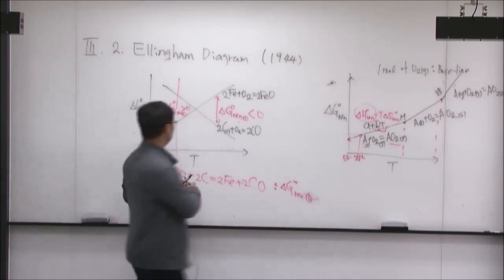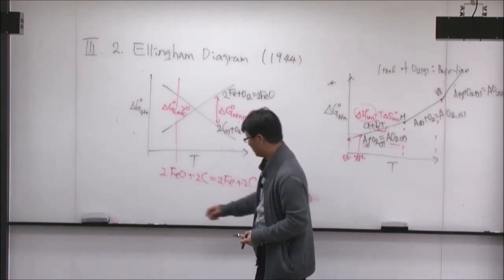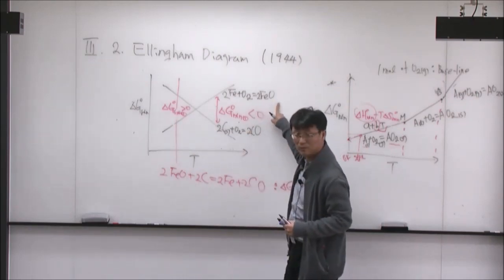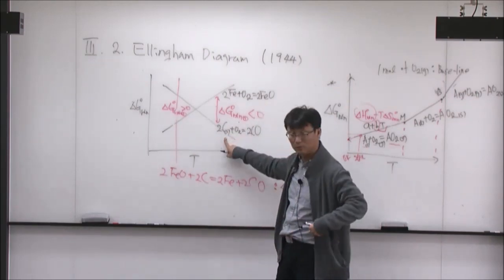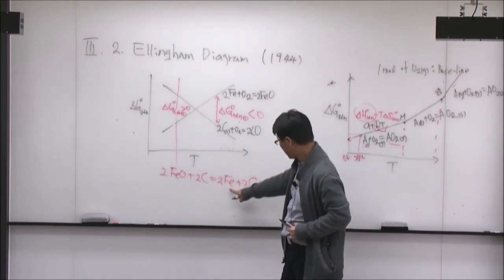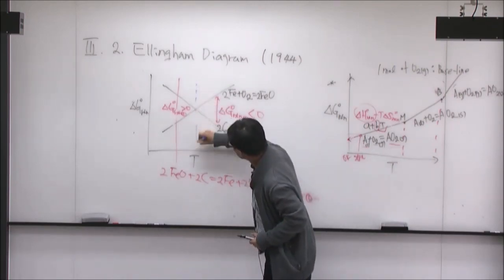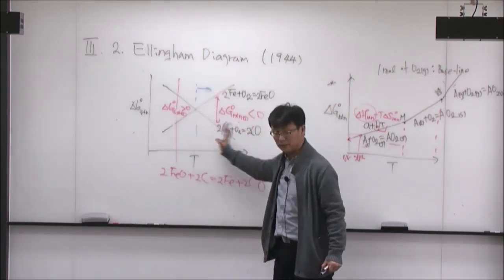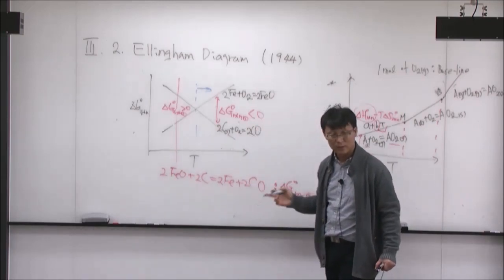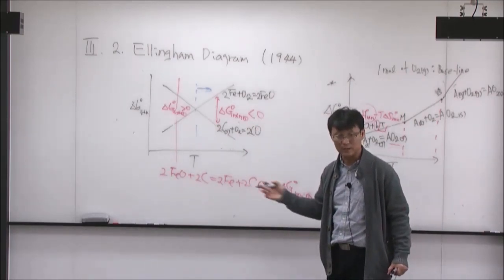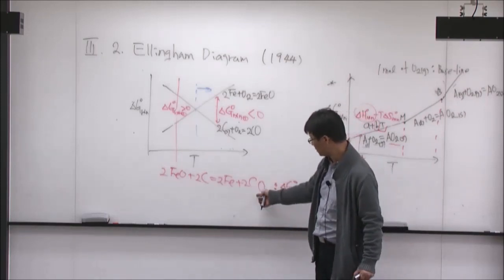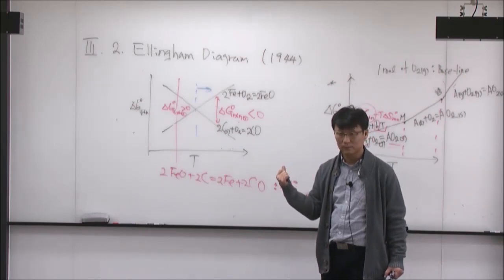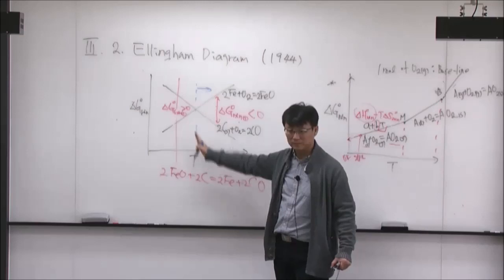It means above this line, according to the Ellingham diagram, if you have iron oxide, FeO, and mix it with carbon, it will produce iron metal and CO gas. So above this temperature, you can reduce iron oxide using carbon to produce iron metal, and the product is CO gas. Is it okay? That's about 800 Kelvin.